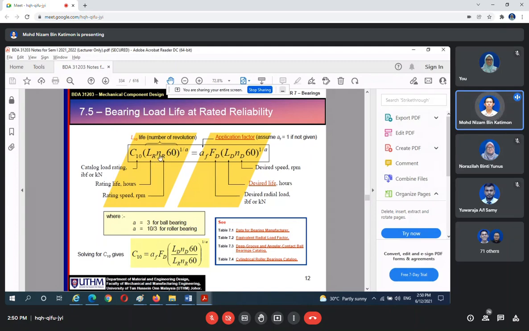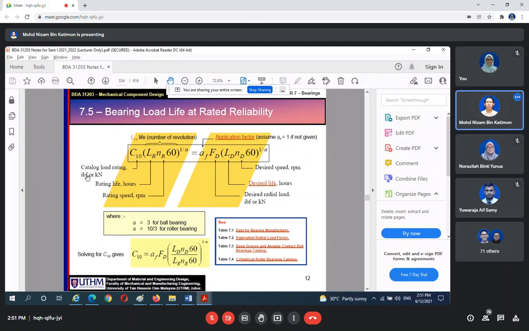This symbol is called the number of revolutions. A depends on the type of bearing, either ball bearing or roller bearing. And C10 we call the catalog load rating.